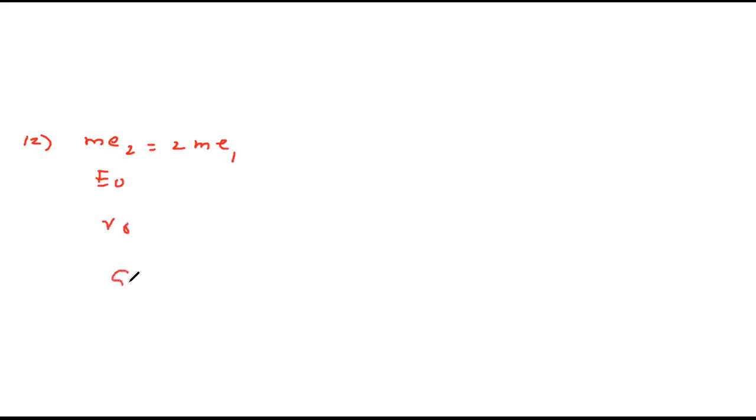If A naught is the Bohr's radius and minus 13.6 electron volt is the energy of the first Bohr's orbit.